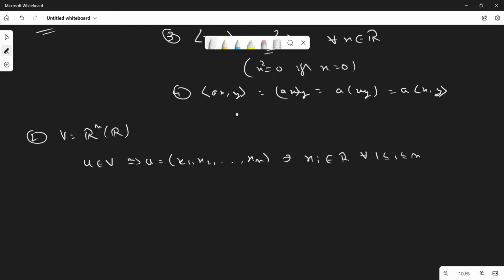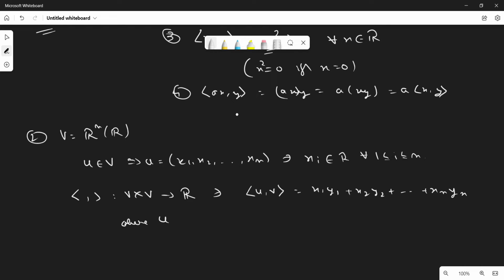Now you define the function from V cross V to R such that ⟨u, v⟩ can be written as x1 y1 plus x2 y2 and so on till xn yn, where you choose u as x1, x2, and so on till xn, and you choose v as y1, y2 till yn.